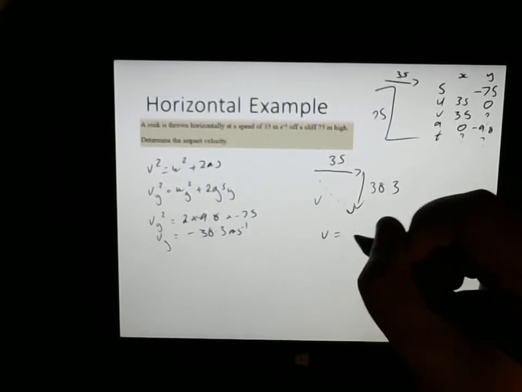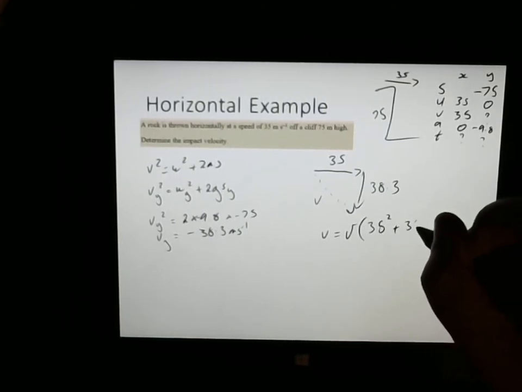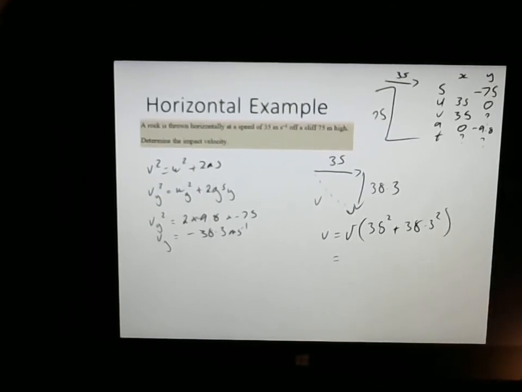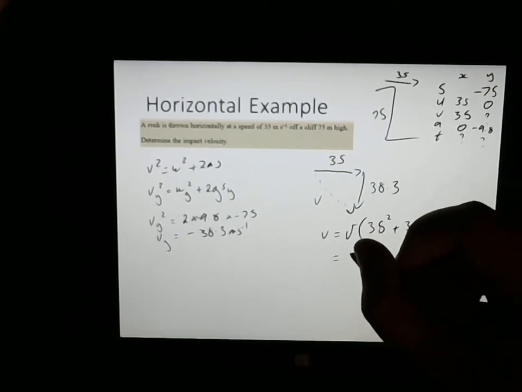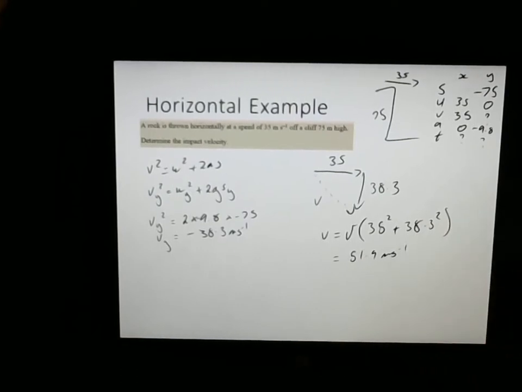So V will equal the square root of 35 squared plus 38.3 squared. Take the square root of that. We get about 51.9 meters per second. We can work out the angle.